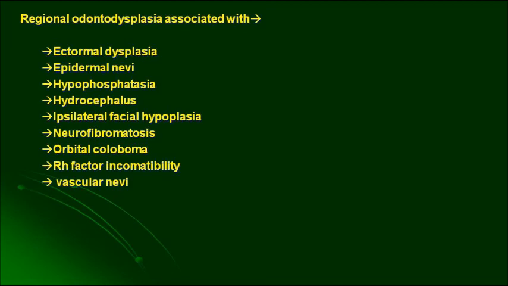So these are the conditions associated with regional odontodysplasia. Just remember a few points from this: ectodermal dysplasia, neurofibromatosis, hypophosphatasia, etc. Just remember because these are usually given in the options.